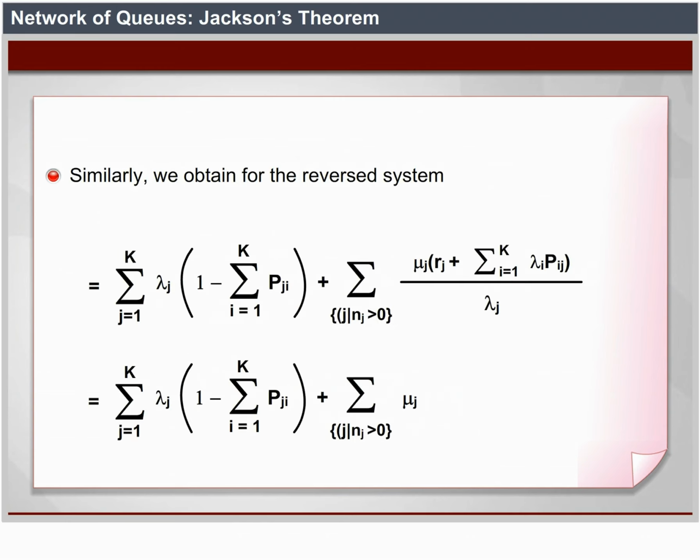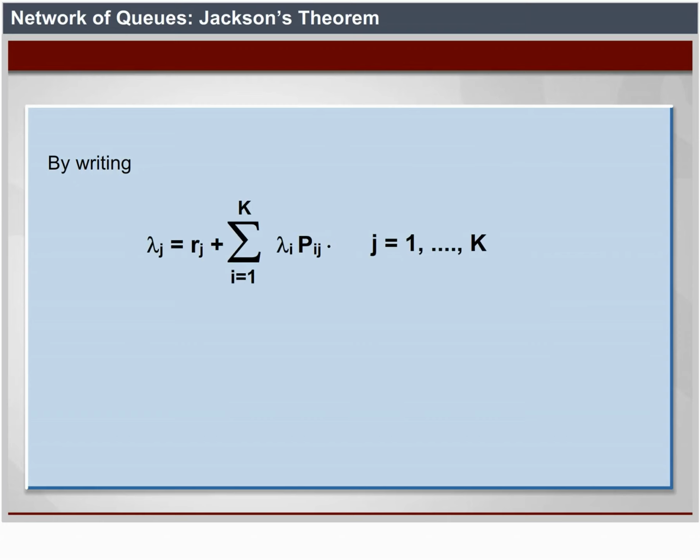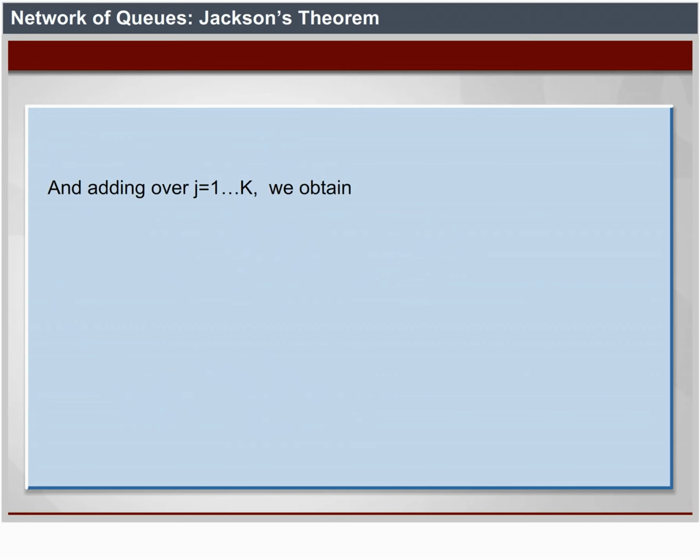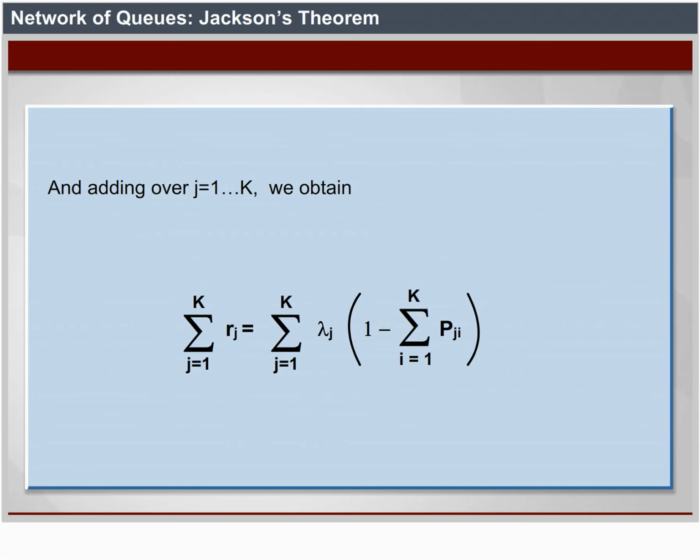By writing lambda j is equal to rj plus sigma i equal to 1 to k lambda i pij, j equal to 1 to k, as rj is equal to lambda j minus sigma i equal to 1 to k lambda i pij, and adding over j equal to 1 to k, we obtain sigma j equal to 1 to k rj is equal to sigma j equal to 1 to k lambda j into 1 minus sigma i equal to 1 to k pji.